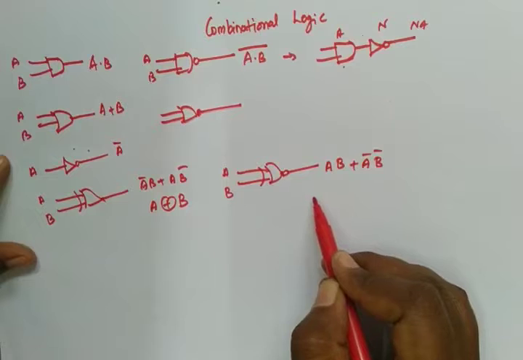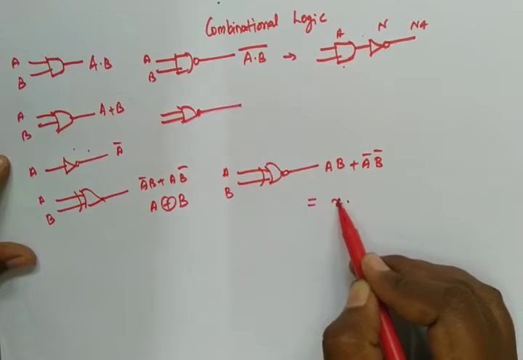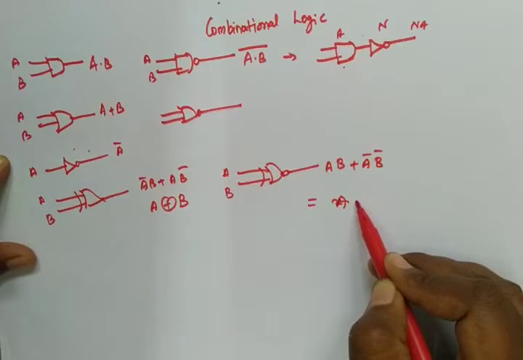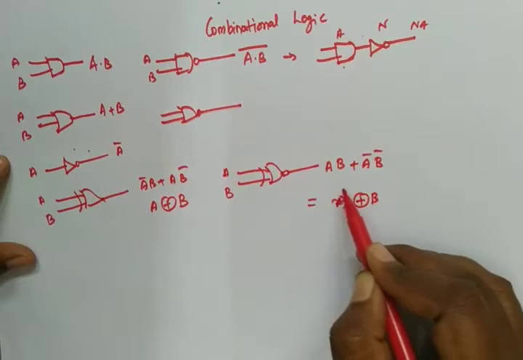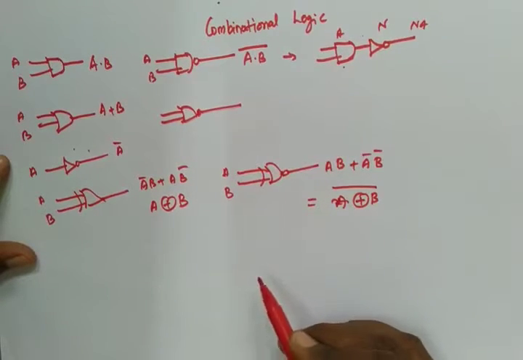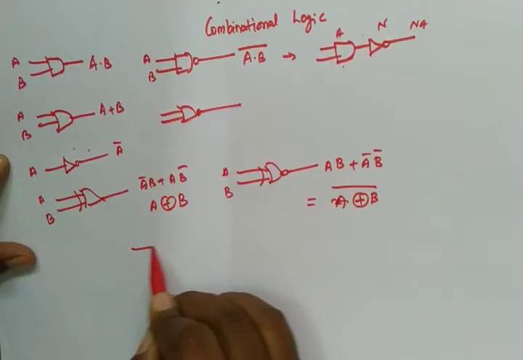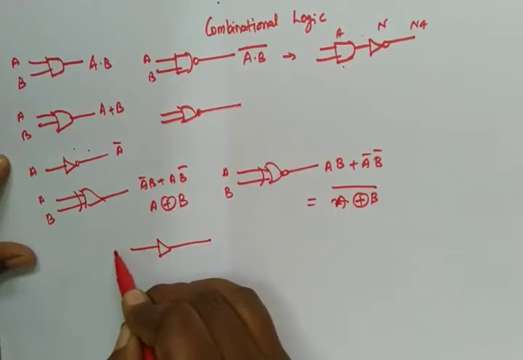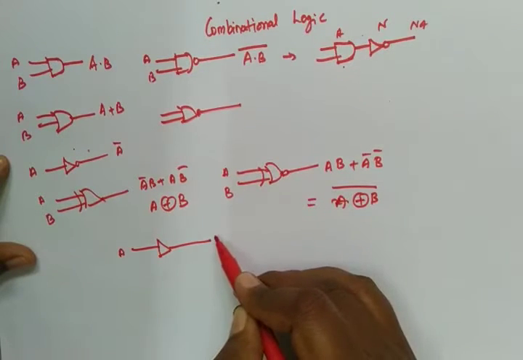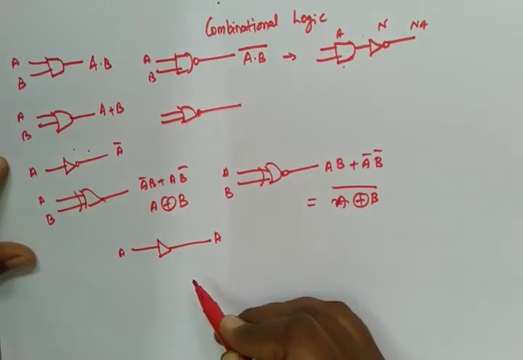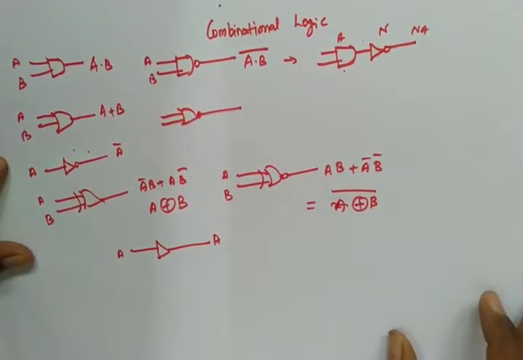So we can write this as A XOR B the whole bar. Now, this is the XNOR gate. Apart from this, this is called a buffer. If we give input as A, then it produces output as the same A. So this is all about your logic gates.